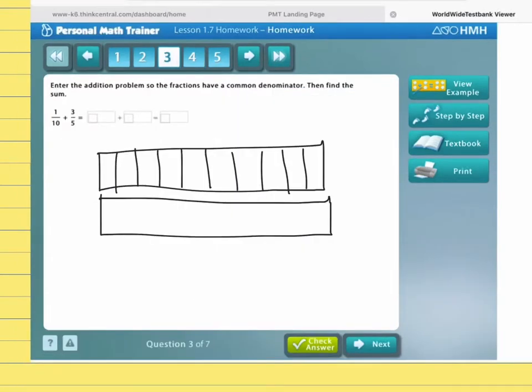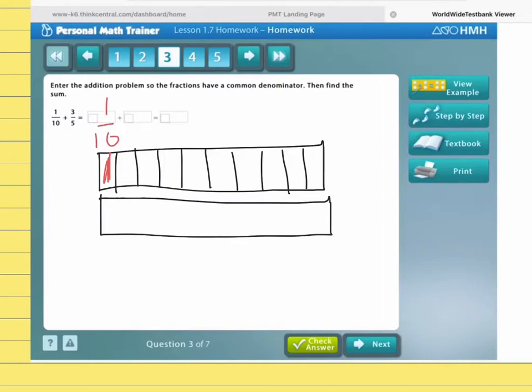For this next problem, I've decided to draw a comparison bar model using these fraction bars. So this first fraction bar here is cut into 10 pieces, so each one of these would be 1/10. So that would be 1/10 here. And they're asking me to add those to fifths.